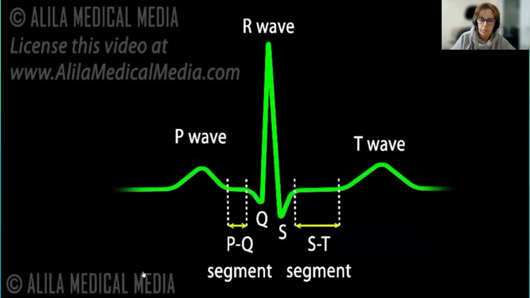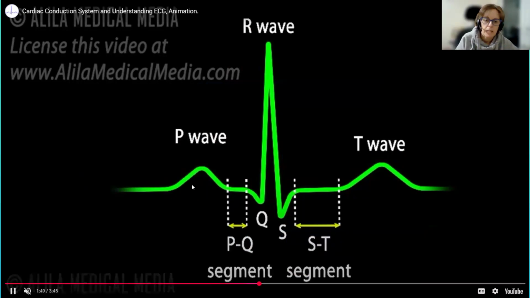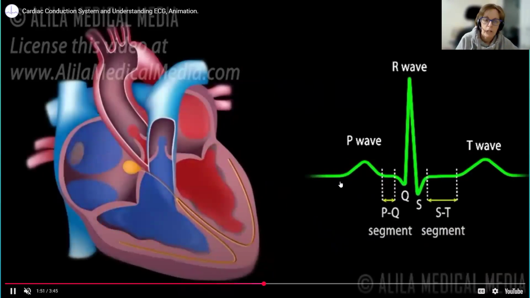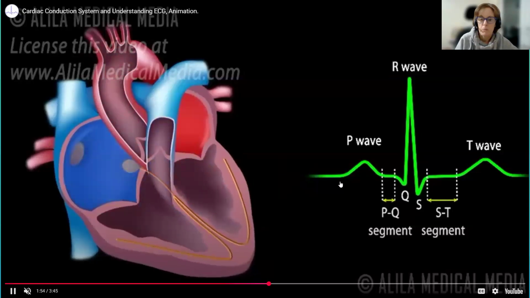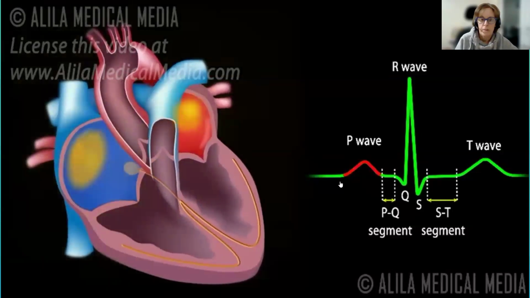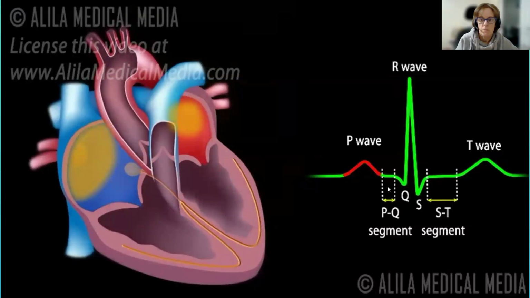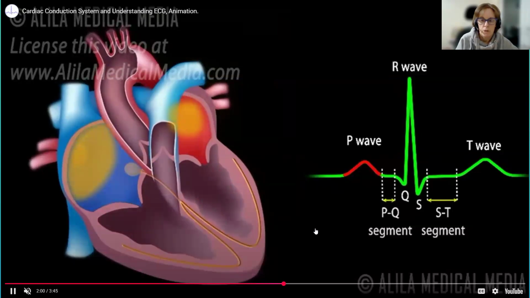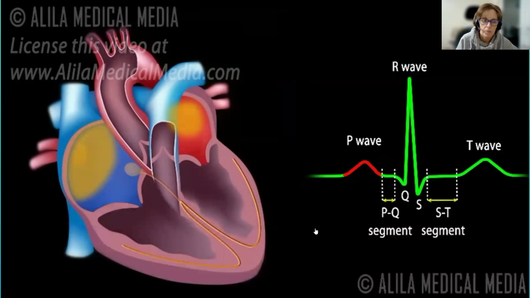Now, each of these segments on this graph show the various parts of that contraction. So, for example, this is the atrial contraction in the P wave, you can see there. So if you just look now, it will show you the atria fill in and contract in the P wave.